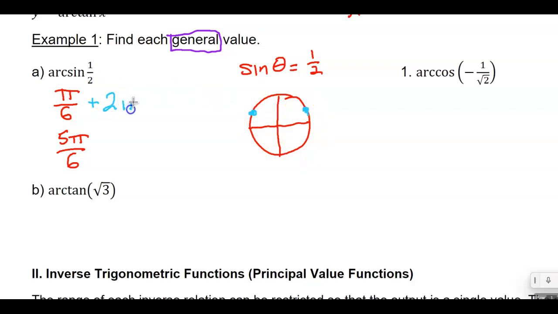If I go 2 pi and then any number of times around, as long as that number of times is a whole number, positive or negative, also known as an integer, I'm going to get that answer. Same thing here. So it's a big thing, especially when it comes to some tests. We can all be really good at solving problems and getting the answers, theta equals, but you have to be meticulous reading the directions as well and knowing when this part needs to be included on your answers or not.